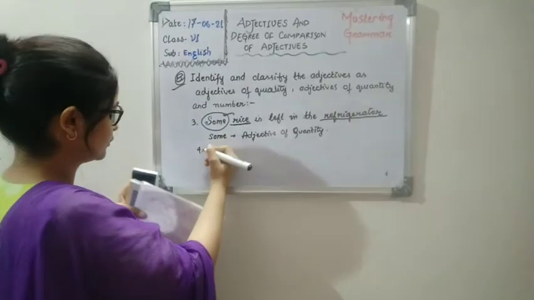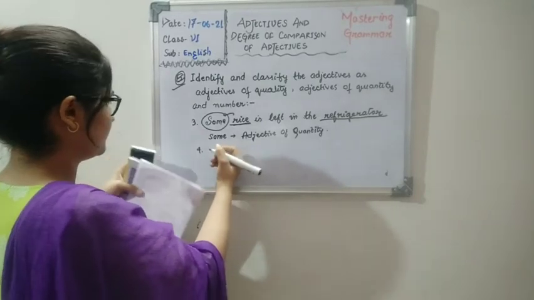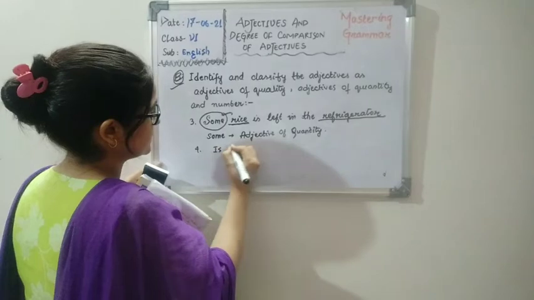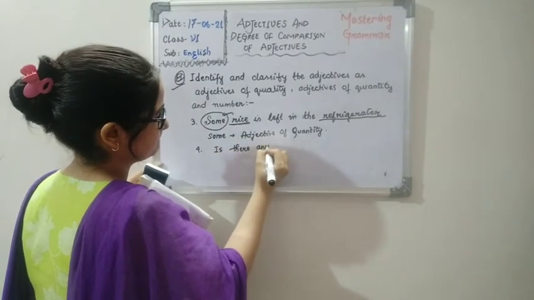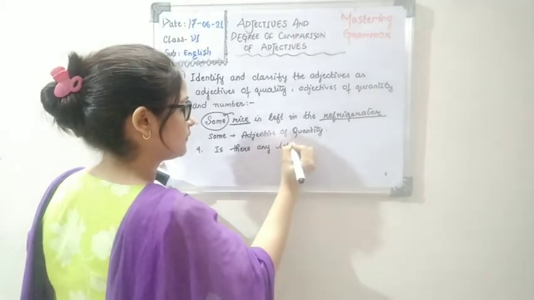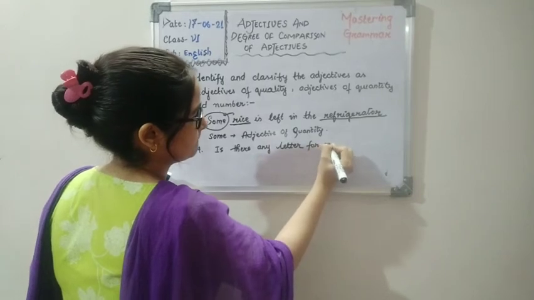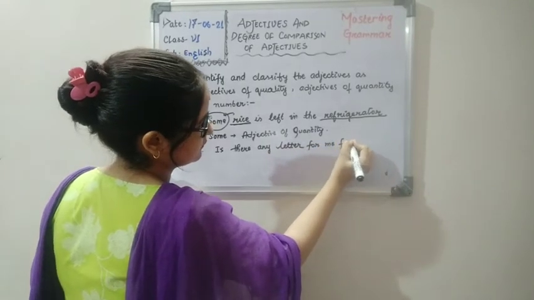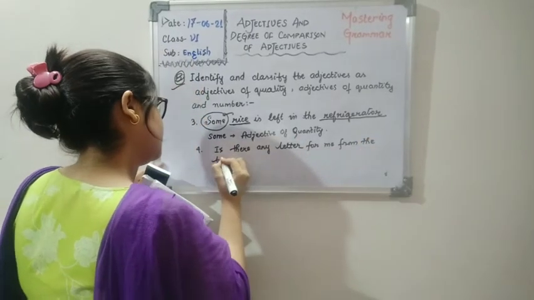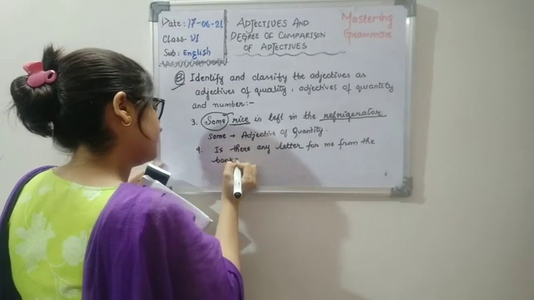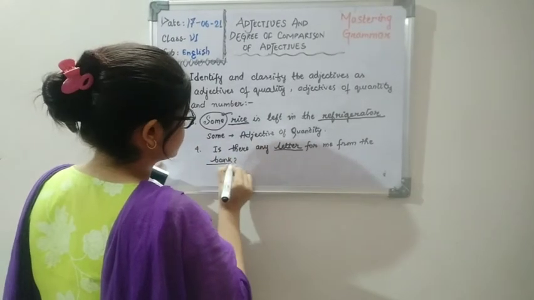Now moving to the fourth question. Is there any letter for me from the bank? Now let's find the noun here. First one is letter, second one is bank.